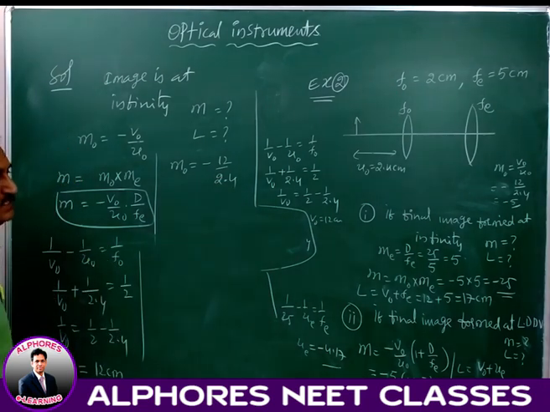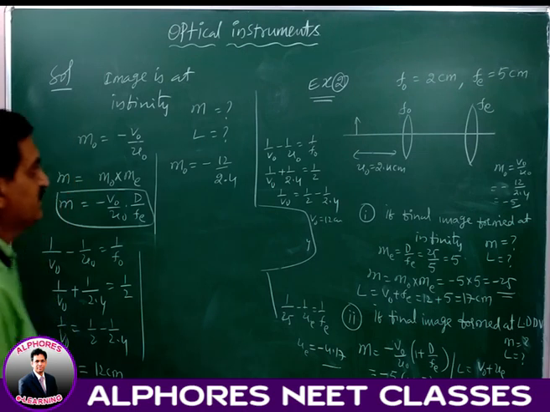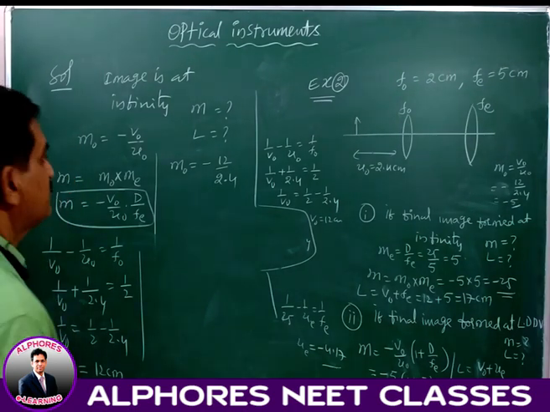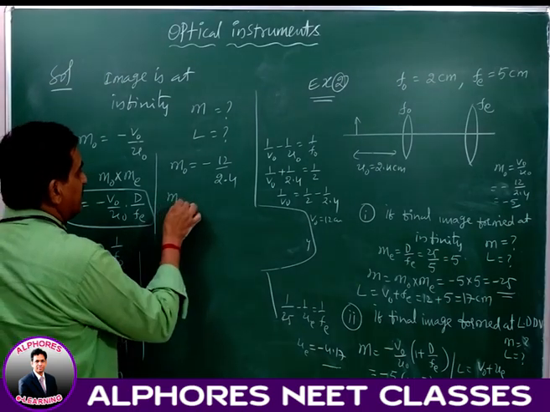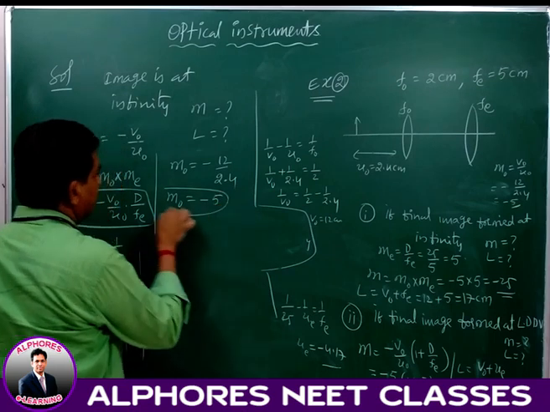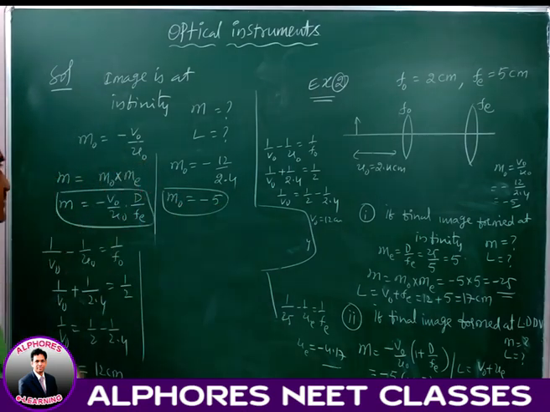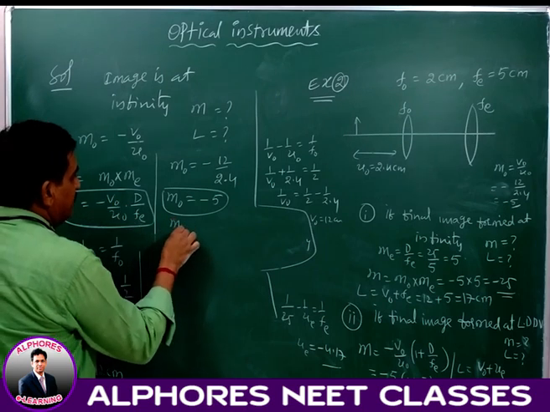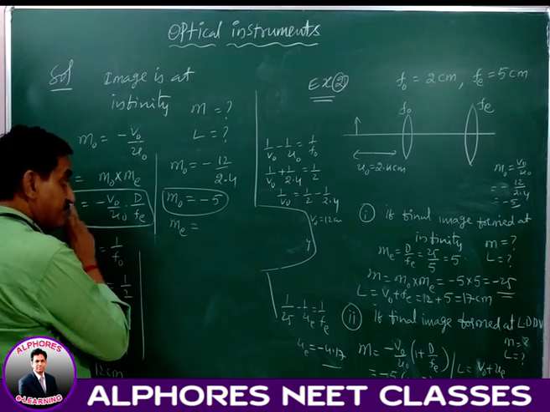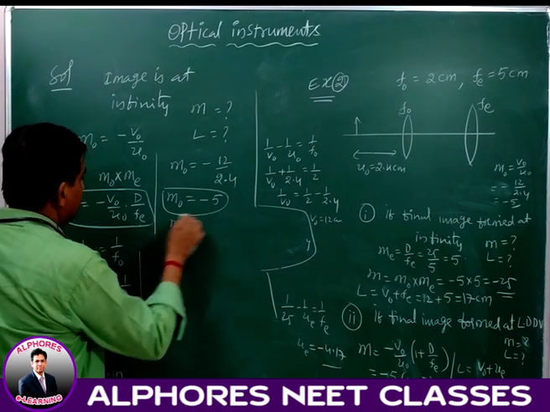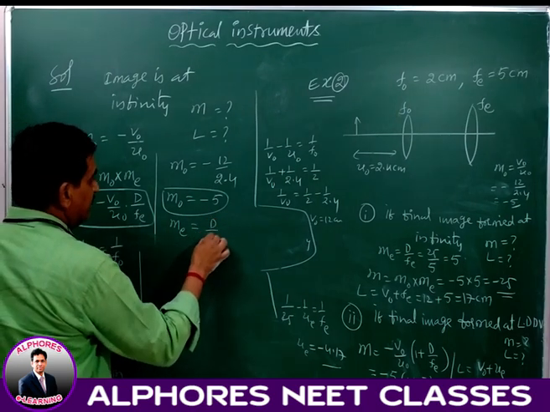Then what is your answer? Minus 12 by 2.4, finally giving minus 5. This is the magnifying power of the objective lens. And here me, the magnifying power of the eyepiece when the image is formed at infinity, is d by fe.